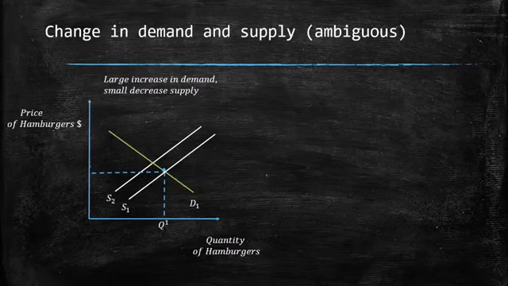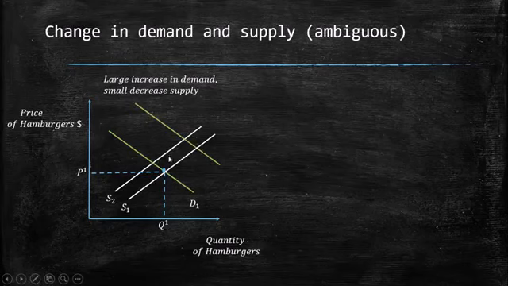This is the original price, D1 and S1, the equilibrium. But with this small decrease in supply and the large increase in demand, we have here demand two.